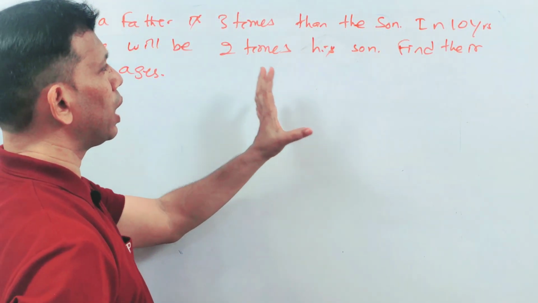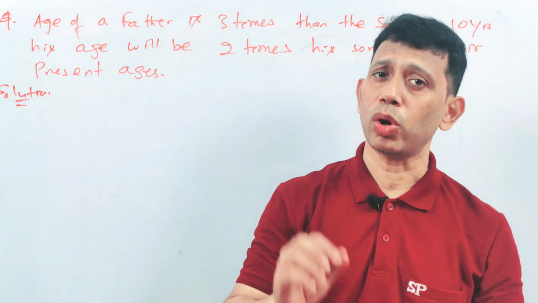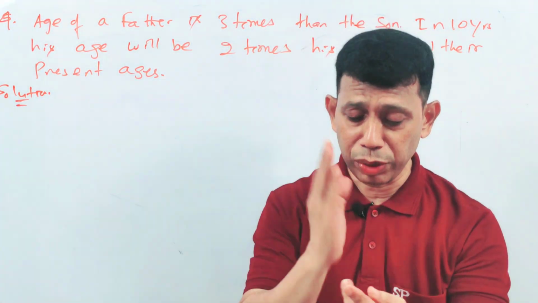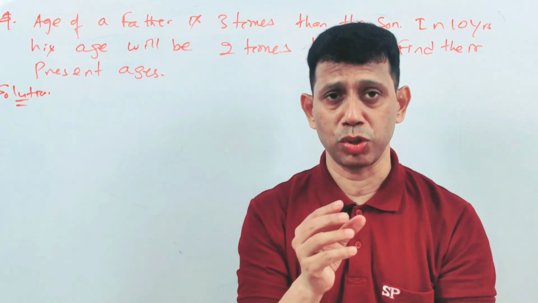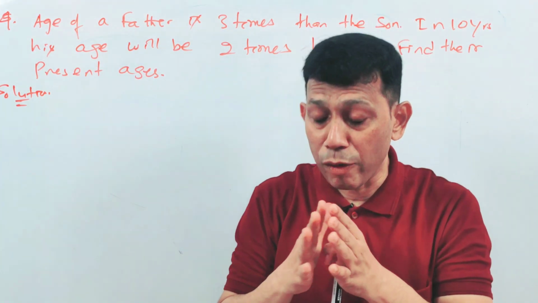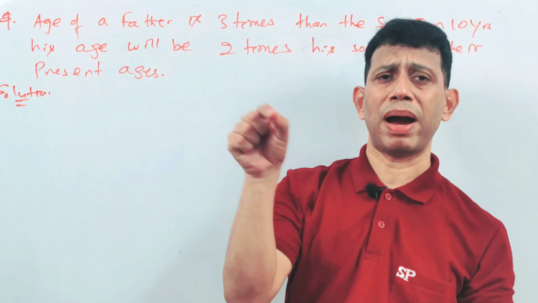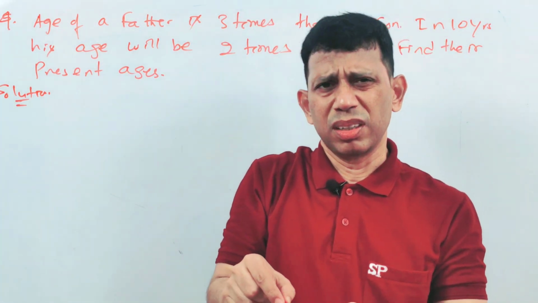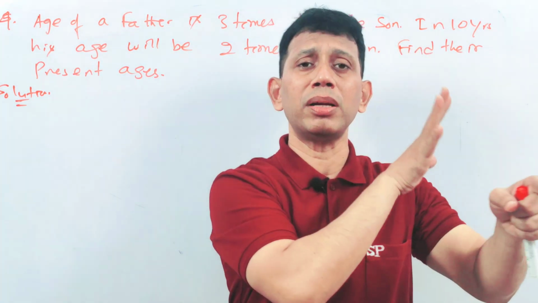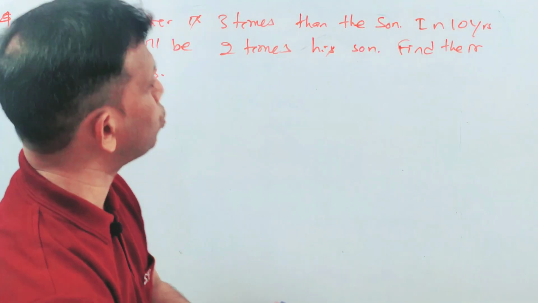The smaller one I will take x. See, it is not restricted by any rules and regulations that you must take the smaller one x always. You can take the bigger one x, no issues. But for avoiding errors, we want to avoid minus and division, because minus and division are a bit more complex than addition and multiplication. Addition and multiplication are easier. Okay, so let's start. Solution.